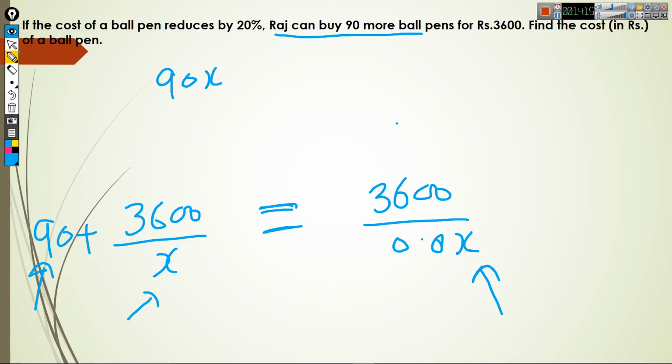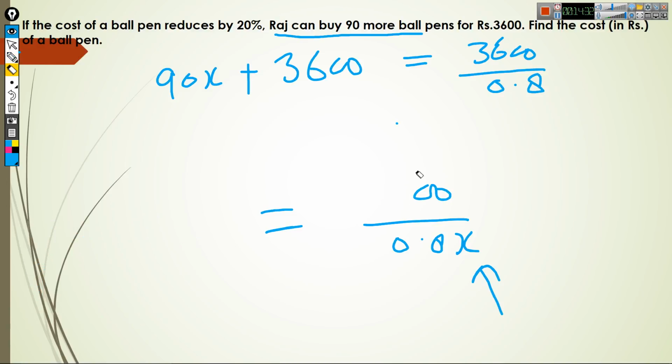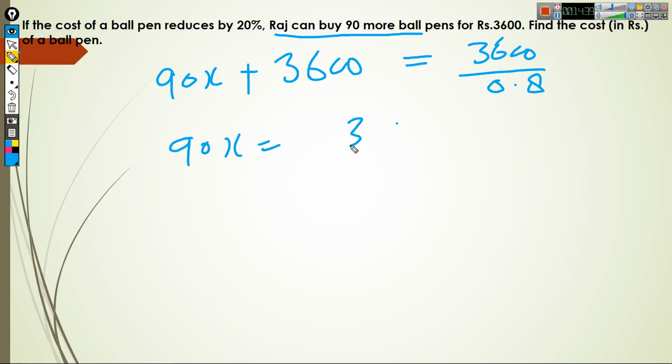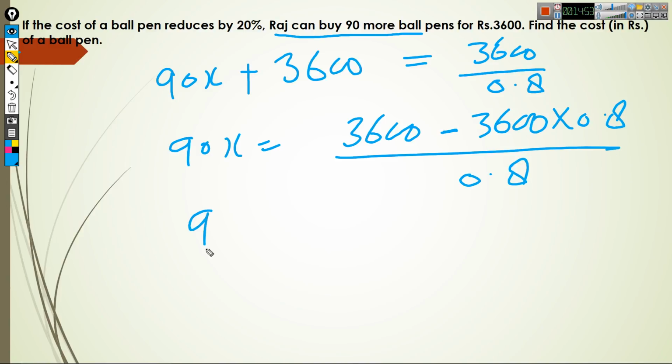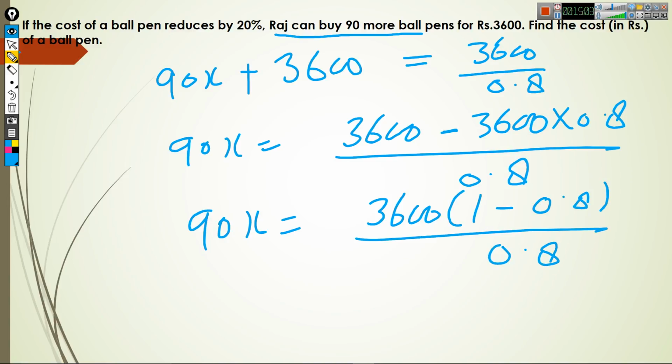90 plus 3600 by x is equal to 3600 by 0.8x. So 90 is equal to 3600 minus 3600 into 0.8, divided by 0.8x. 90x is equal to, we can take 3600 common here, 1 minus 0.8 divided by 0.8.